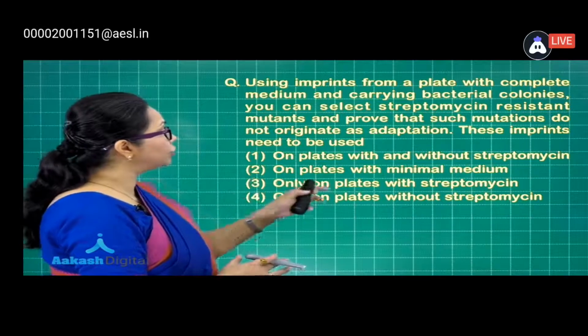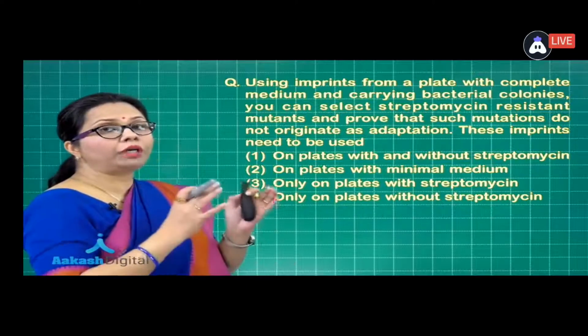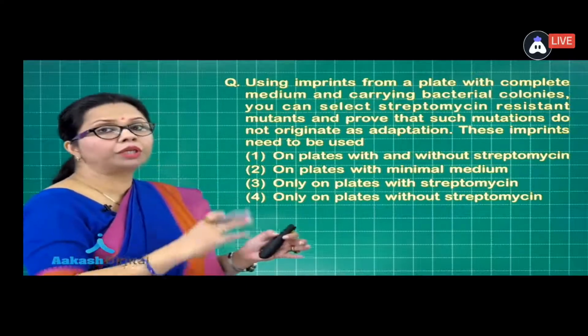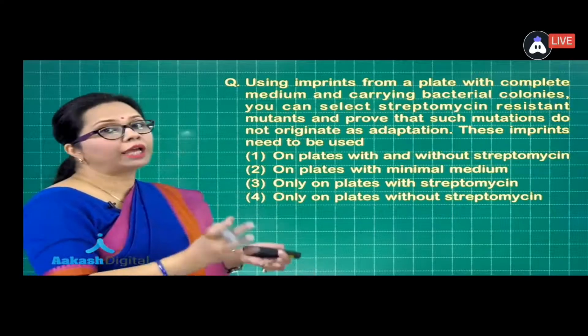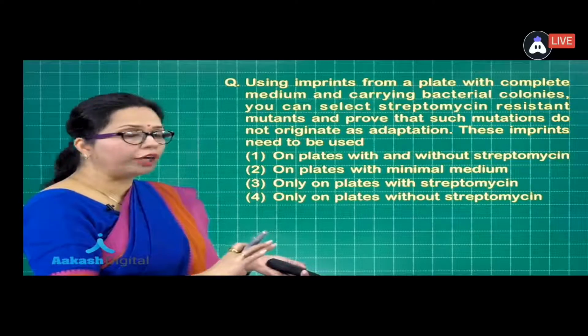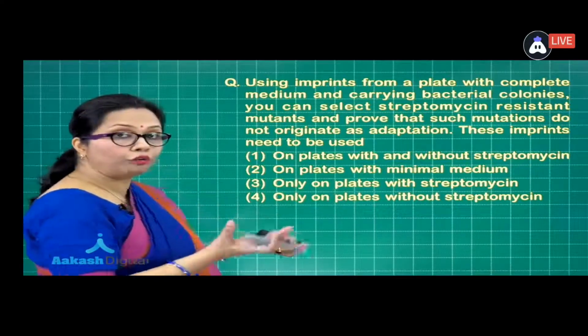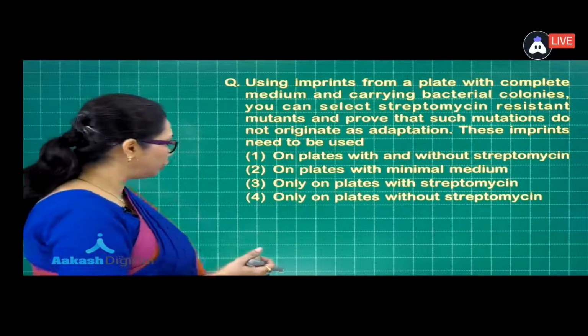In the other choices, you see here there is minimal medium. Minimal medium would be a medium in which one or more nutrients are not given. So then it is not complete, rather we have removed one nutrient, so that is minimal. And only with streptomycin will not show us the difference, and only without streptomycin will not show us the difference.